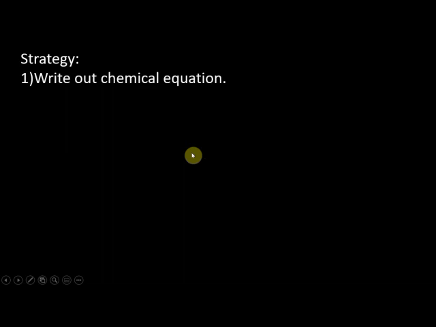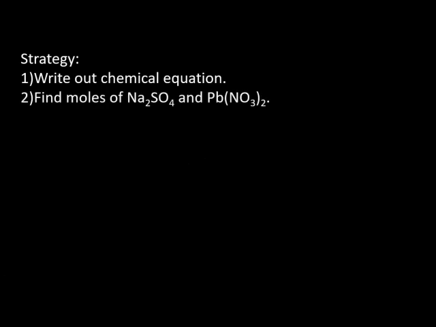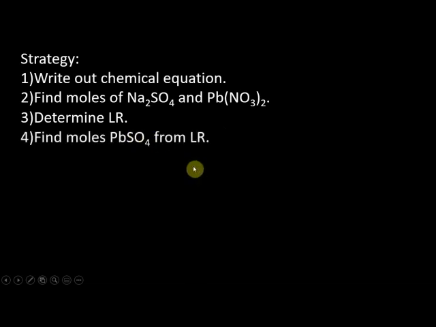First thing we need is a chemical reaction equation, because we have to get our coefficients and make sure everything's balanced, so we understand the mole ratios. Find the moles of sodium sulfate and lead 2 nitrate. Determine the limiting reagent. Find the moles of lead 2 sulfate from the limiting reagent. Figure out the mass of the lead 2 sulfate.